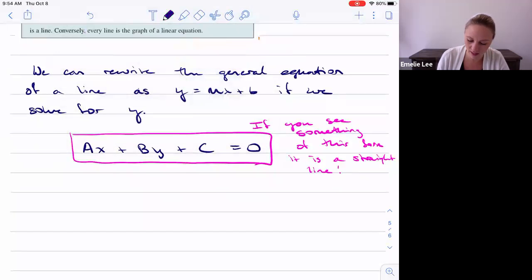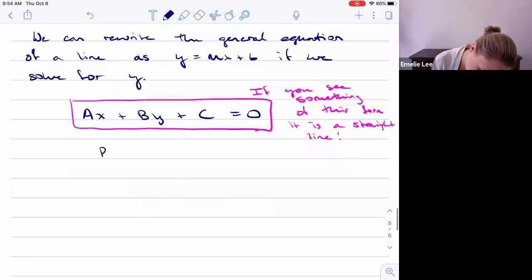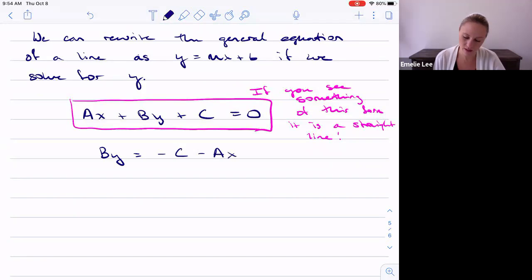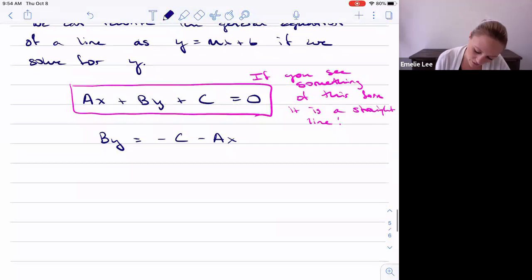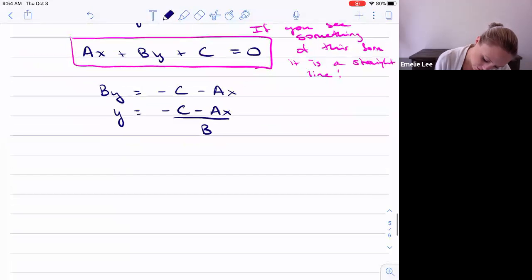So if we solve for y here, I want to get y on its own. So I can slowly start moving things over. I can move the c over, I can move the a over. And so I can be left with by is negative c minus ax, right? Moving things over a little bit faster. And then y is going to be negative c minus ax over b, which I can rewrite as y is negative c over b minus ax over b.